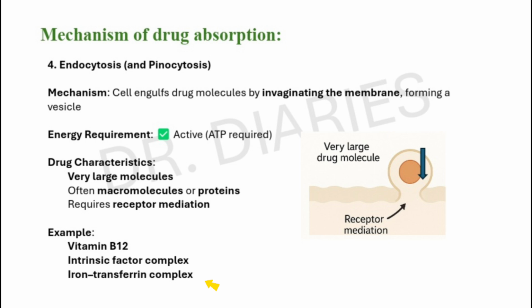Examples, vitamin B12 absorbed with intrinsic factor, iron transferrin complex, some monoclonal antibodies and nanoparticles. Note, endocytosis is essential for absorbing large or complex molecules that are too big or too hydrophilic to cross membranes by diffusion or carrier-mediated transport.